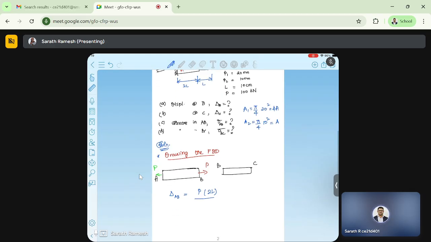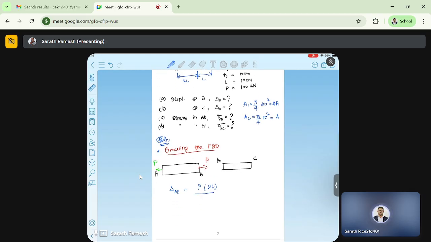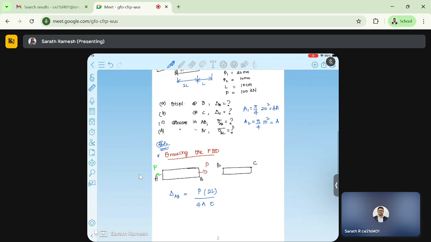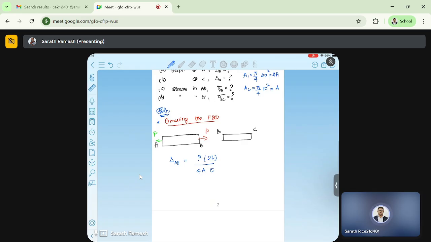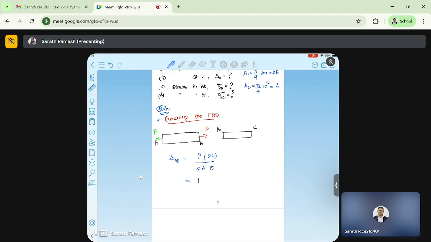So 2L, and the area here is 4A, into Young's modulus E. Let's substitute at the end so that it is not more tedious in calculations. So P into 2L over 4AE. This will become PL by 2AE.